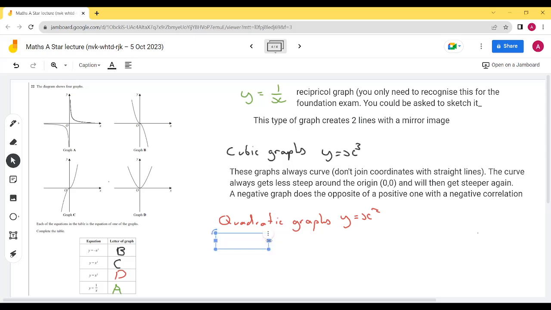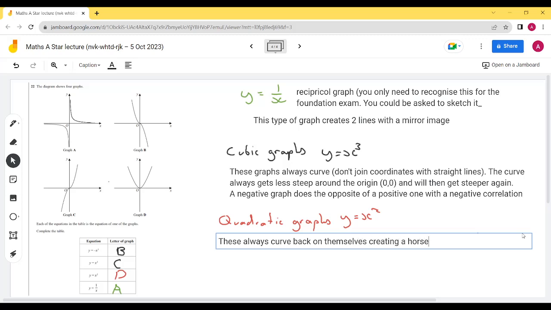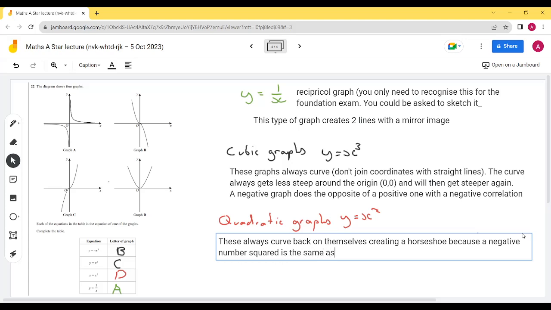And so quadratic graphs always curve back on themselves, creating a horseshoe, and that's because a negative number squared is the same as its positive number squared.